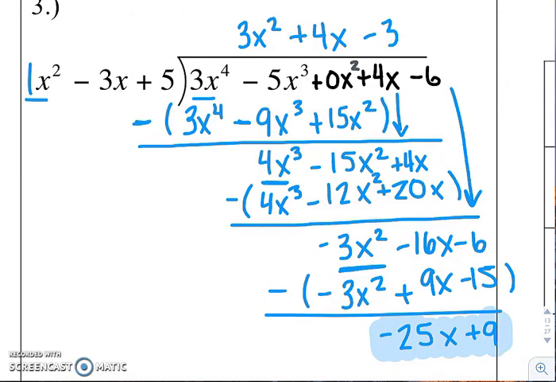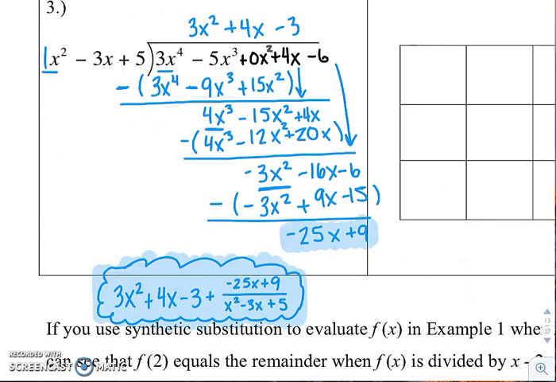So your answer is 3x squared plus 4x minus 3, and then we just add the remainder. So the remainder would be plus negative 25x plus 9, and we put it over top of whatever we were dividing by originally.